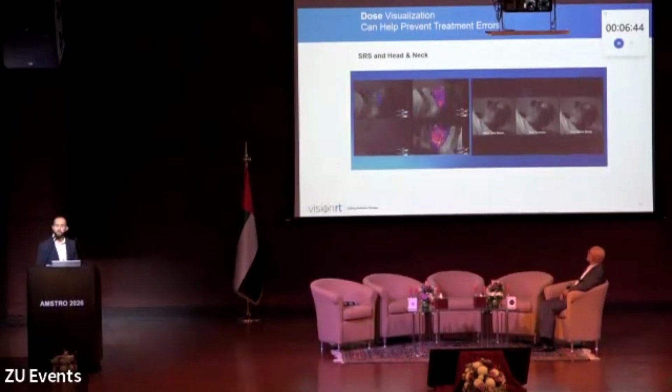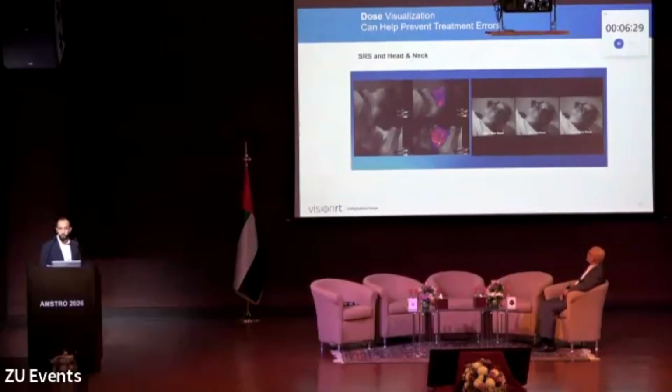We can use this DoseRT for different types of treatment. It's not just for VMAT or 3D, but we can also see here on this example on the right, a treatment of SRS. Even with the small fields, we can see the Cherenkov radiation.